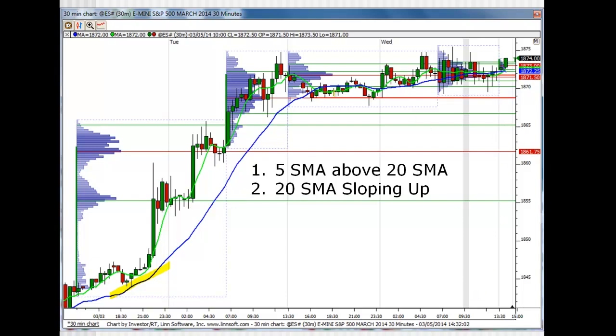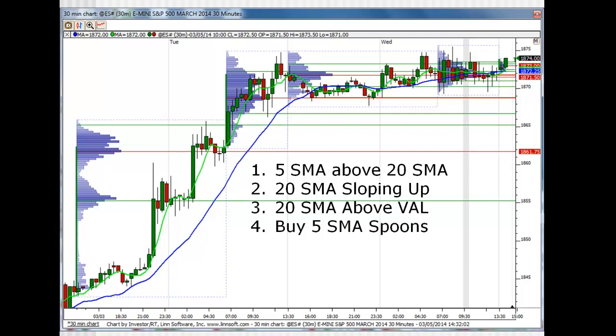So see here, when we look at a period of congestion, notice how the slope of the simple 20 is more horizontal, and we really don't have a nice upward slope as we do here. So for the second condition, you need the 20 simple moving average sloping higher and sloping up.